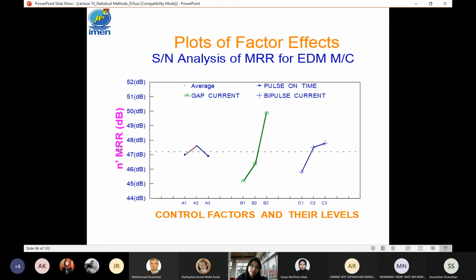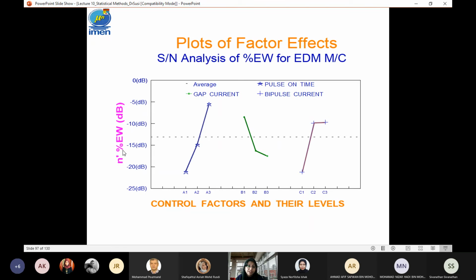So this is for material removal rate. It shows that A2, B3 and C3 give the best MRR value or output. In terms of the percentage of electrode wear, it is A3, B1 and C3.